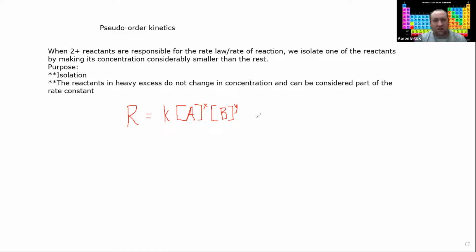Now, if we construct a scenario where we make B incredibly concentrated, so much more concentrated than A, that effectively makes the concentration of B a constant. And so we can rewrite this rate law as R is equal to K prime.